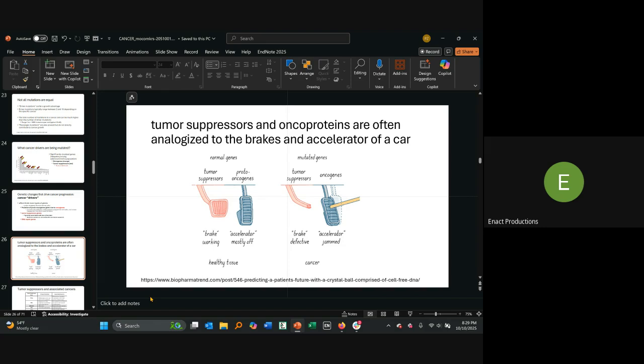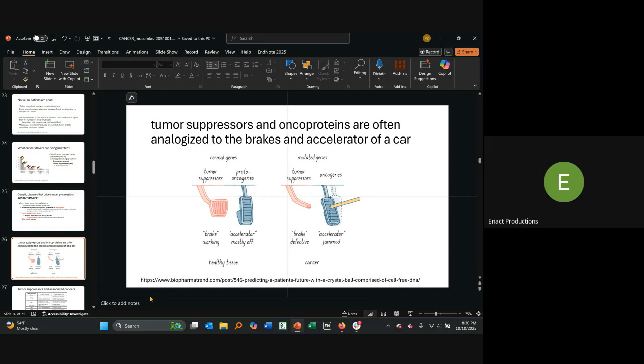Now maybe they're supposed to unbind. The normal thing they would do is unbind, but because of a mutation, now they come together to bind and they never undock. They're really sticky and they stick together in this on configuration. That would be like having the accelerator on your car stuck all the way down, running and running and running. So they both can result in cell growth and proliferation.